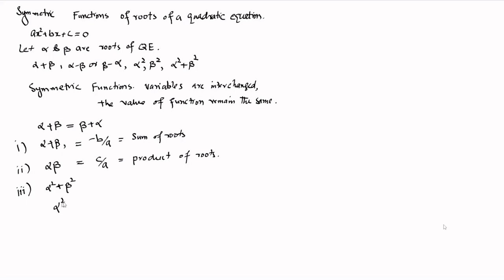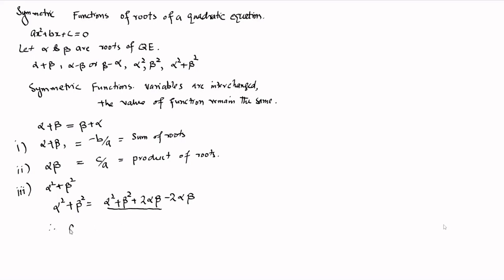So alpha square plus beta square can be written as alpha square plus beta square, and we are going to add 2 alpha beta and subtract 2 alpha beta. This 2 alpha beta minus 2 alpha beta cancels out and that will equal 0. But by adding and subtracting, we are completing the a plus b whole square formula.